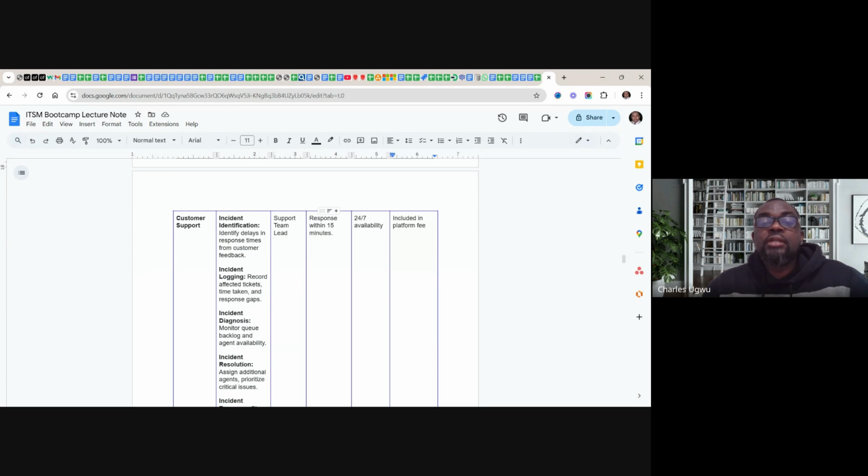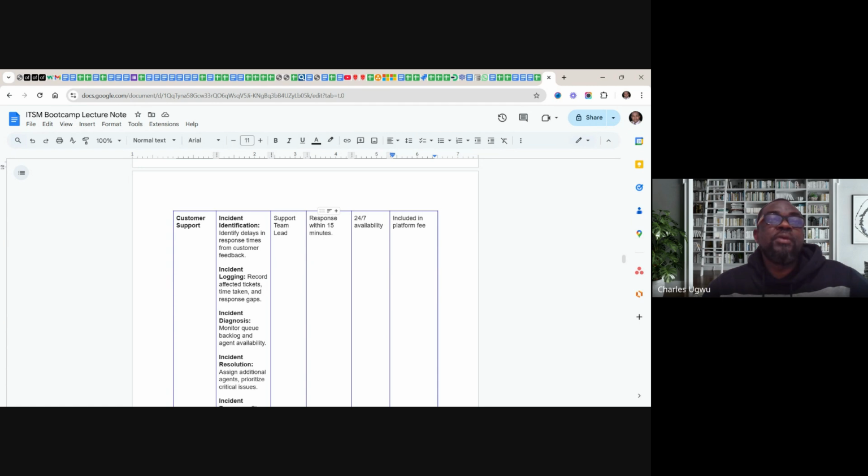This is the one that affects the service agent. But the service level agreement here should be elaborate. When we're talking about service level agreement, we need to expand this. The only thing we capture here is response time. We equally need to capture resolution time.